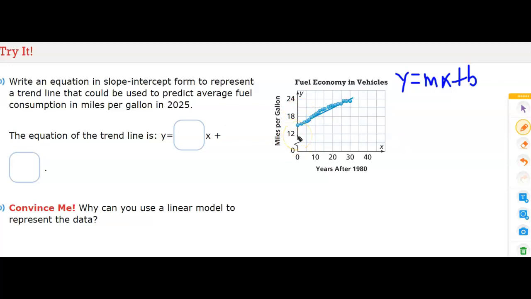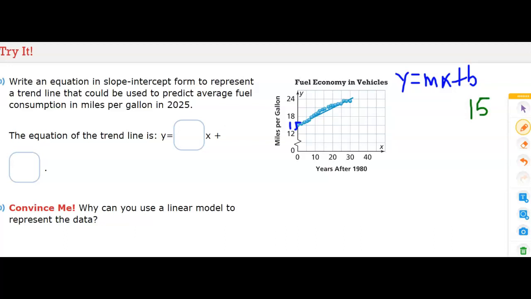Half of 6 is 3. So this number on the number line would be 15. So I'm just going to write 15 right there. So the y-intercept, I'm going to choose a different color, is 15.